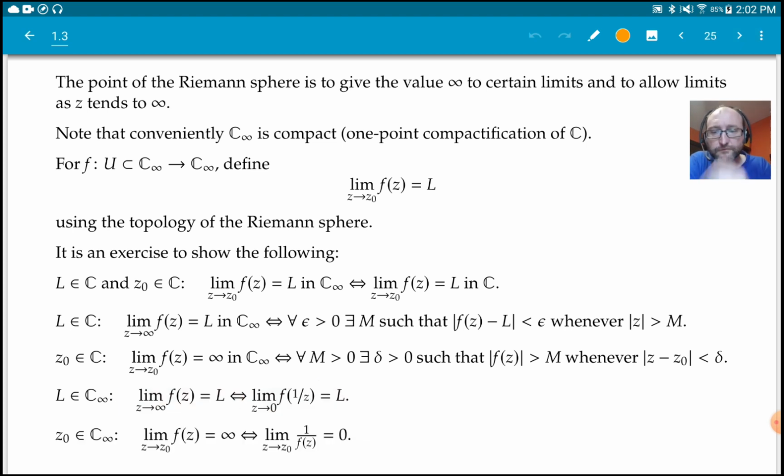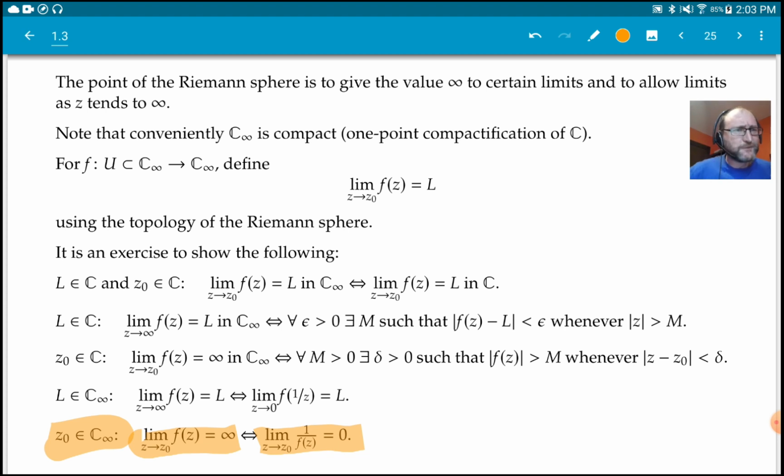Now similarly, thinking of what happens when I'm going to infinity, let z be anything in the Riemann sphere. So the limit is infinity if the limit of 1 over the function is 0, right? So this works both on the source and the target, as it should, right?